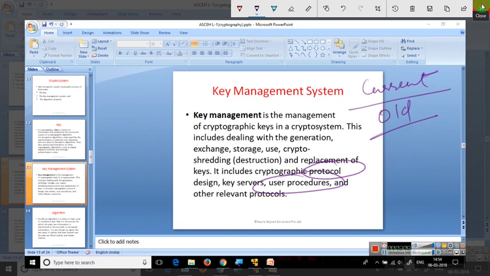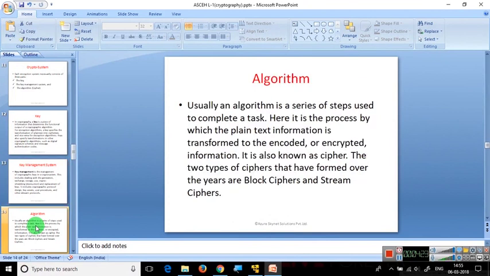After the key management system, the next one is called the algorithm. Usually an algorithm is a series of steps used to complete a task. Here it is the process by which the plain text information is transformed into encoded or encrypted information. It's also known as a cipher. The two types of ciphers formed over the years are block ciphers and stream ciphers.